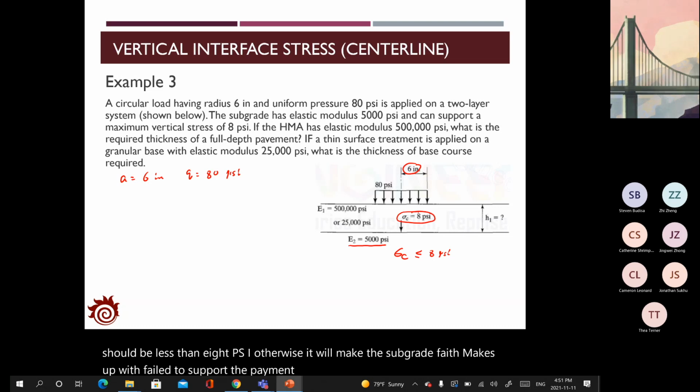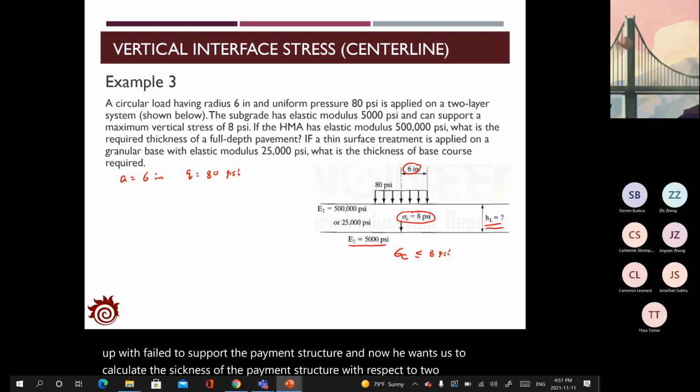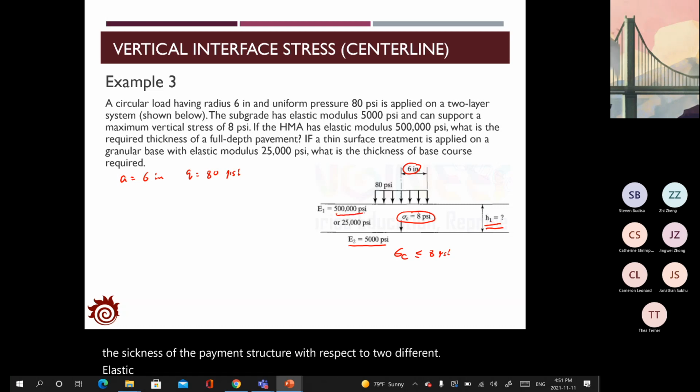And now it wants us to calculate the thickness of the pavement structure with respect to two different elastic moduli, when E1 equals 500,000 or 25,000 psi.